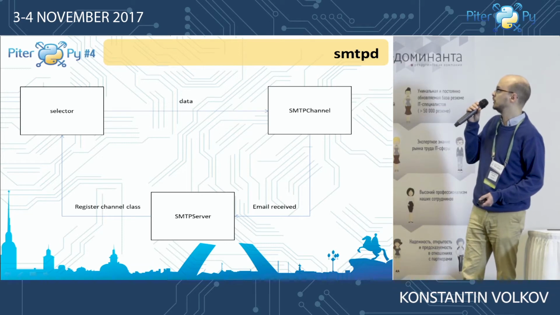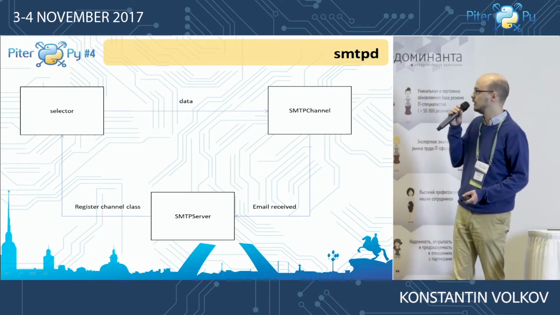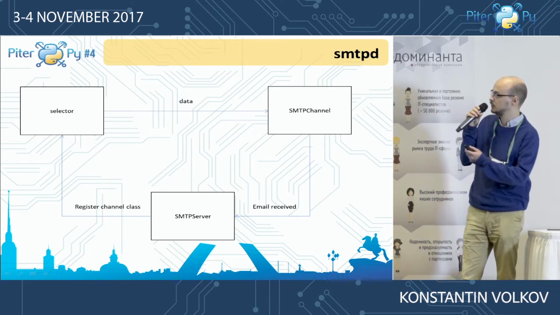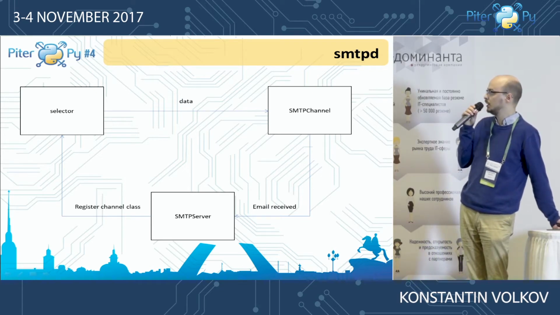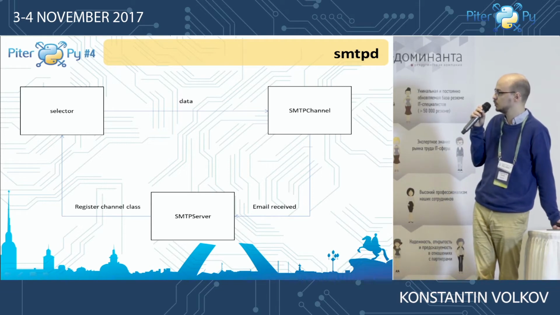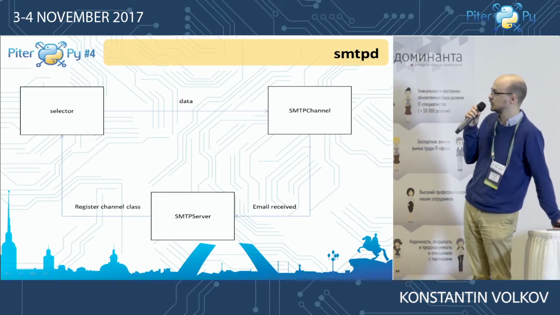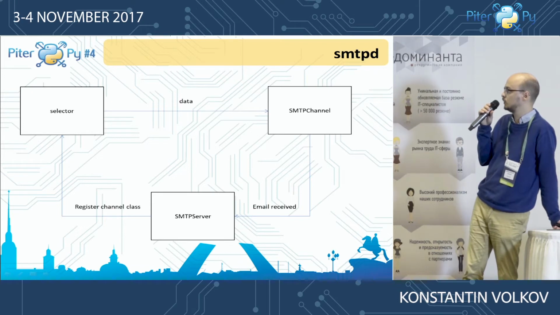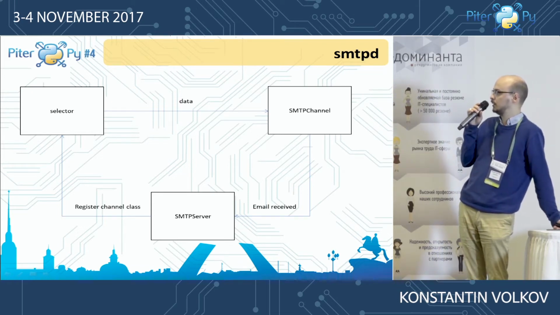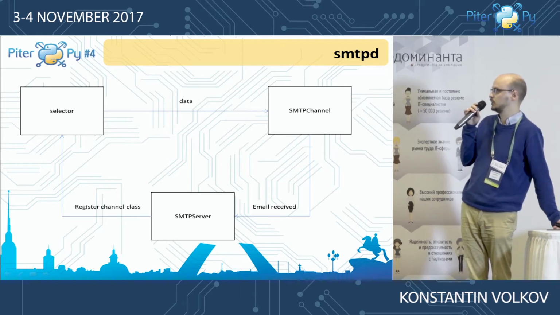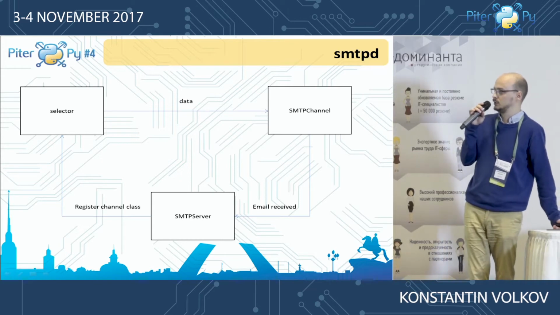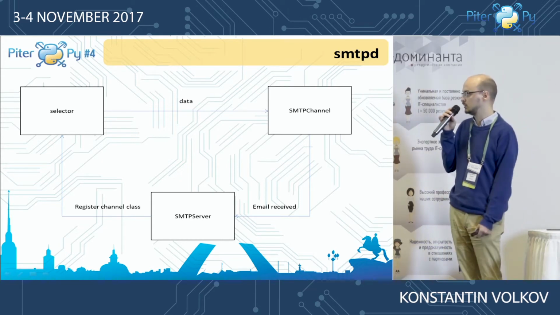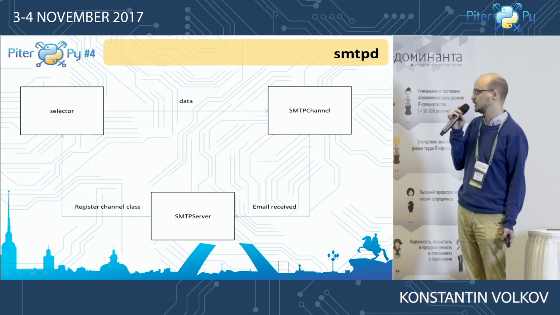First, what is the structure of the library? Like in asyncio, we have a selector. It is the prototype of the loop, and there is an SMTP server that could be registered in the loop, open the port and listen on it. And an SMTP channel will be set up, and the object will be created, and the SMTP channel does the magic related to the implementation of the protocol.